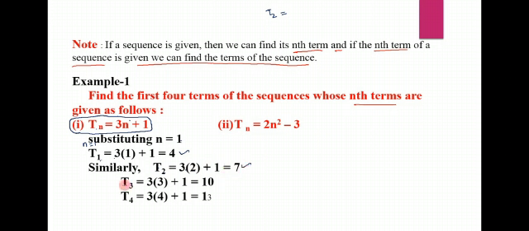Likewise, if you substitute n is equal to 3, you will get term 3 as 10, and term 4 you will get as 13. Similarly, note down this question as homework, and after this class you have to write the answer for this question. I hope you understand how to find the terms of a sequence when the nth term is given.